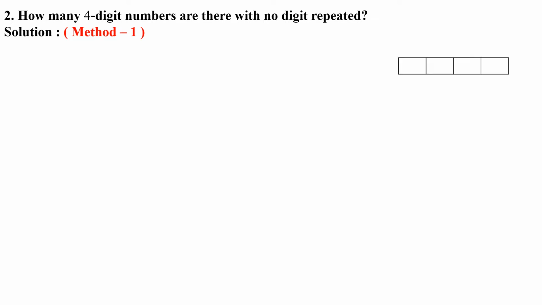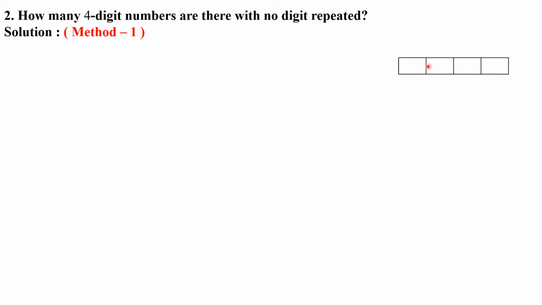See here. How many digits should be there in the given number? 4-digit number. So we have taken 4 empty boxes. As we have done in the first exercise, here also we are taking 4 empty boxes to denote a 4-digit number. In this 4-digit number, what does the first place denote?